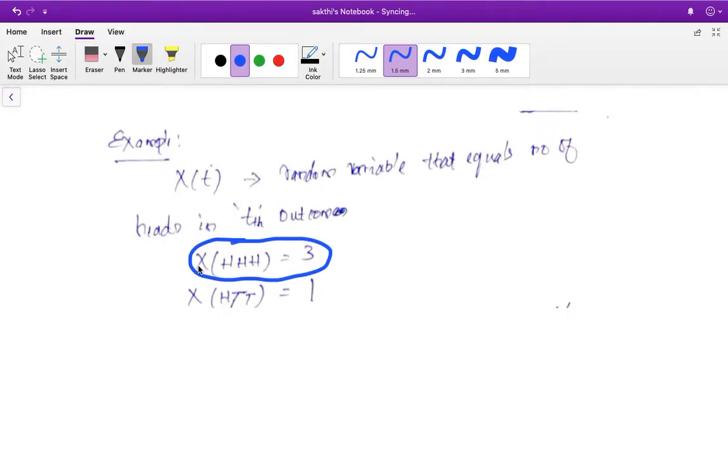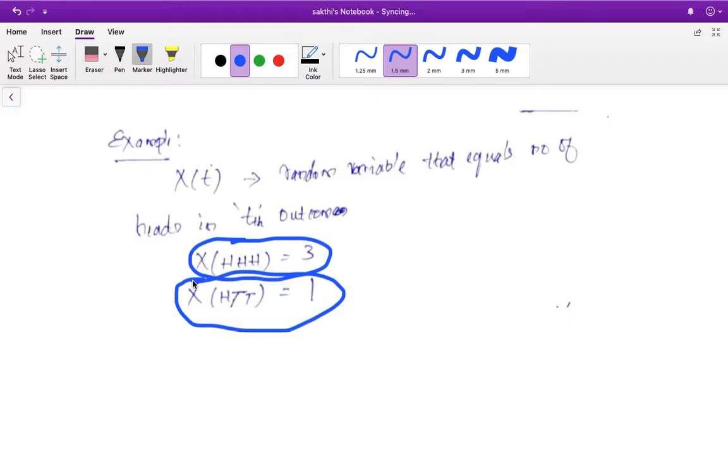Then that random variable is mapping that outcome to the number 3, how many times the head is coming. Likewise, if you take HTT, which is also one of the possibilities, the first time you get a head, and the second and third times you do not get the head, you get tails.